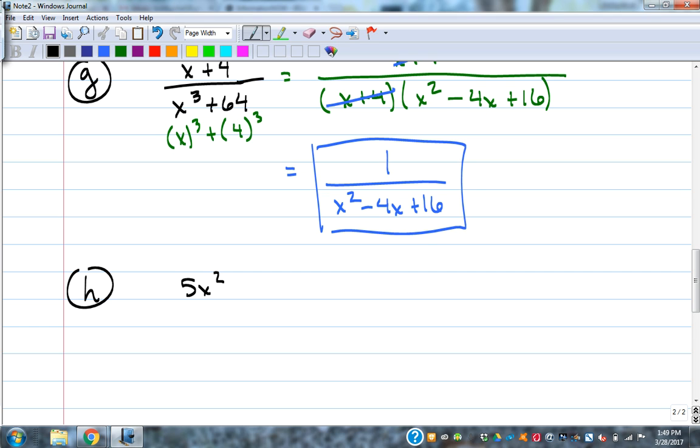So we had 5x squared minus 10x minus 15 over 2x squared minus 2x minus 12.